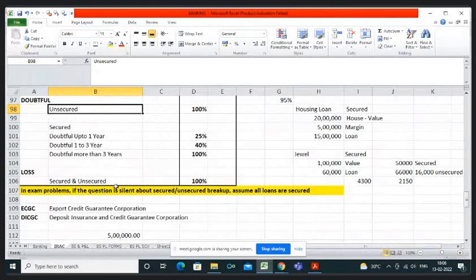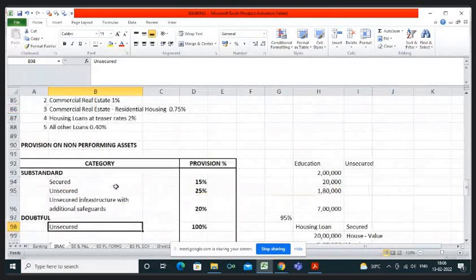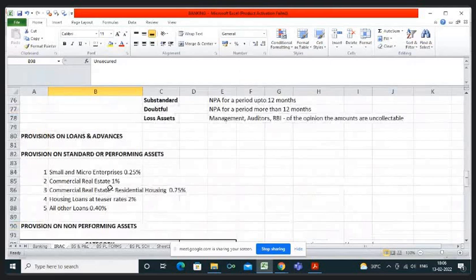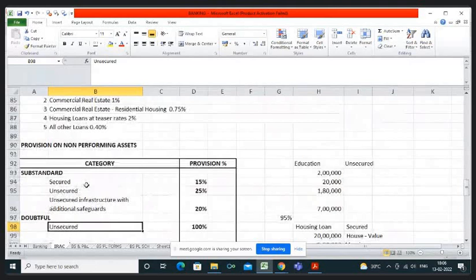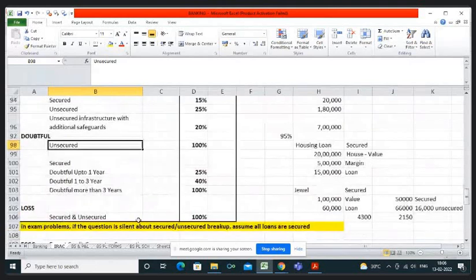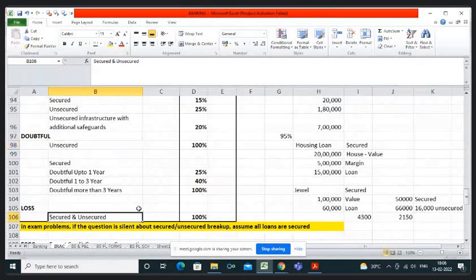So in whichever way, these concepts are very, very important. These form the backbone of accounting for banking companies. So you should be very thorough with the conceptual knowledge as well as these numbers. Only then will you be able to solve the problems in banking companies. So with that, we are completing all the units in banking companies.